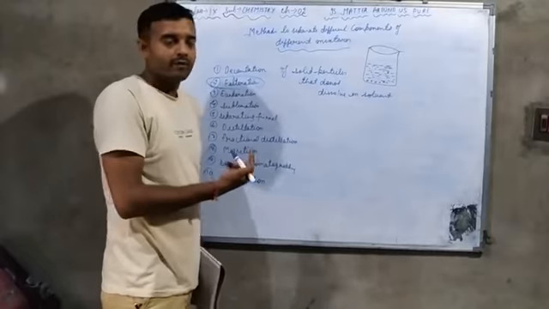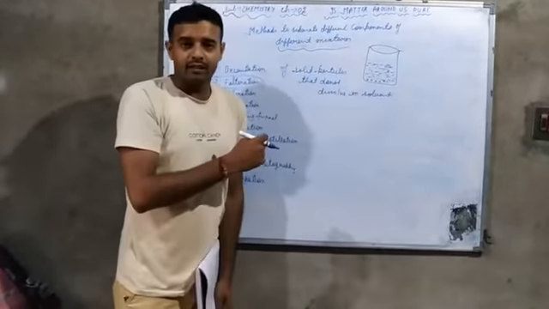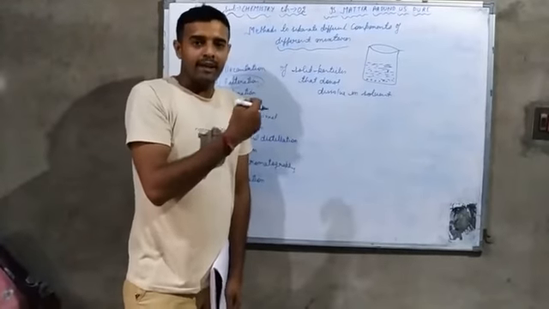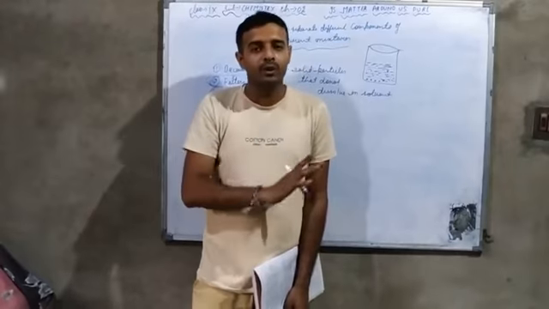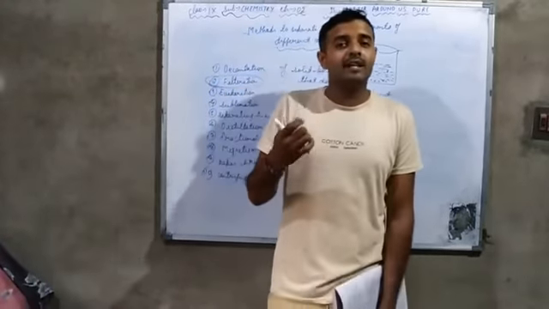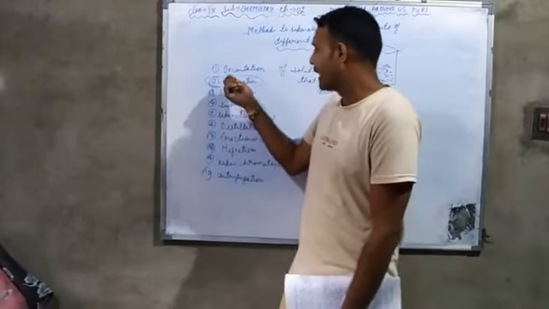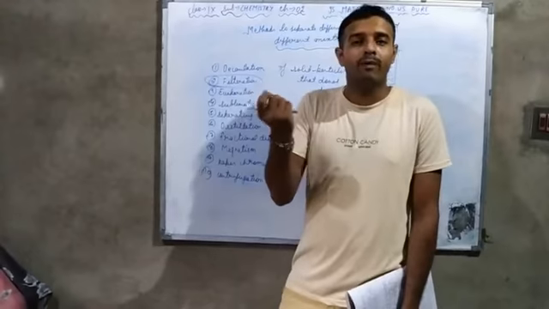Okay. Now the second method, filtration. Filtration is a method which is used to separate fine solid particles which do not dissolve into water. Means undissolved solid particles will be separated with the help of filtration, and in this method we will use filter paper.